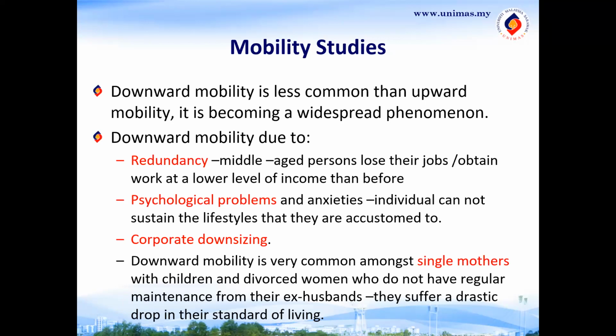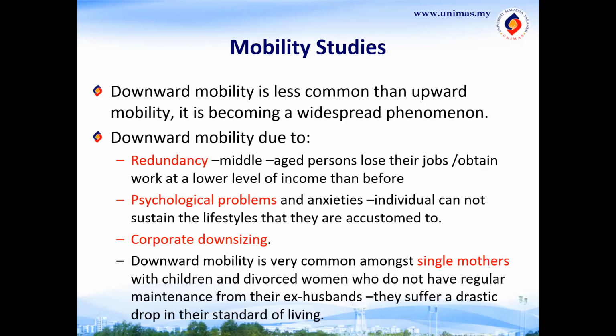So kenapa downward mobility itu berlaku? Ada sebab-sebab tertentu based on the findings of studies. Number one is due to redundancy. Redundancy, whereby, for example, middle-aged persons lose their jobs, yeah, and ataupun obtain work at a lower level of income than before. Kerana apa?